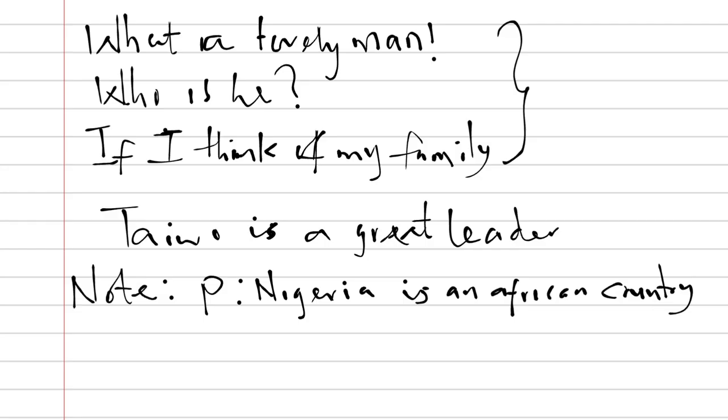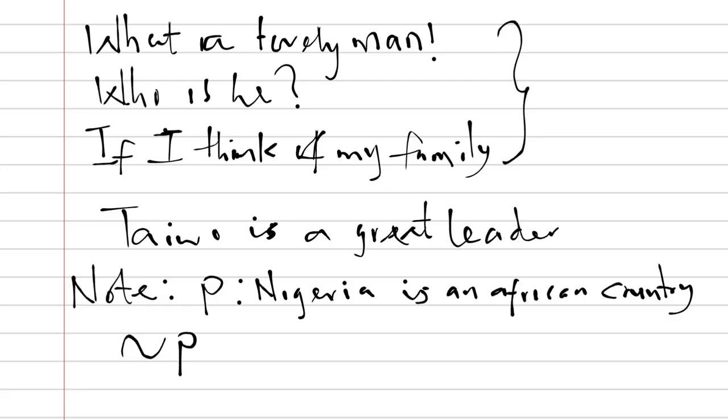If P is a statement, the negation of P, which is denoted like this, is the inverse. So if P is a statement, the negation of P means not a statement.